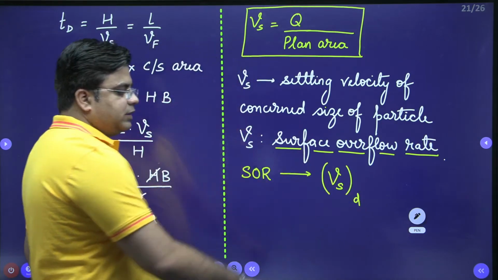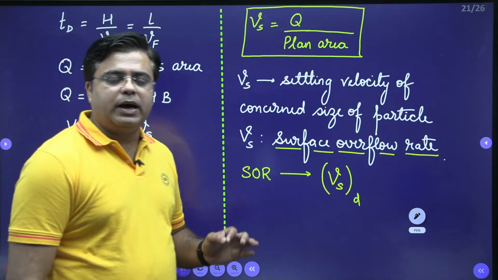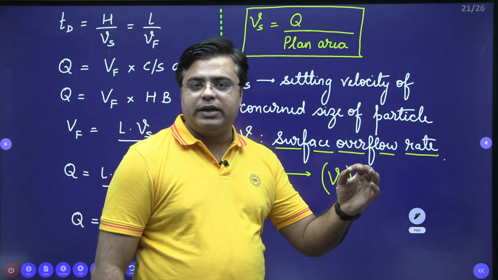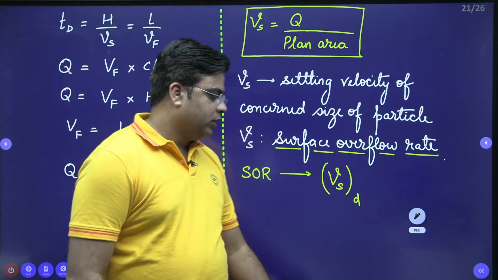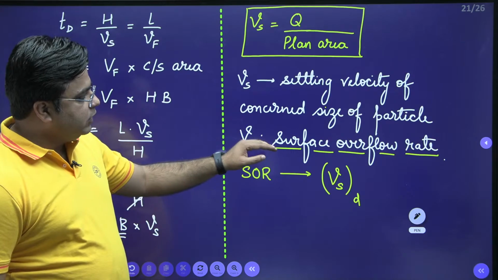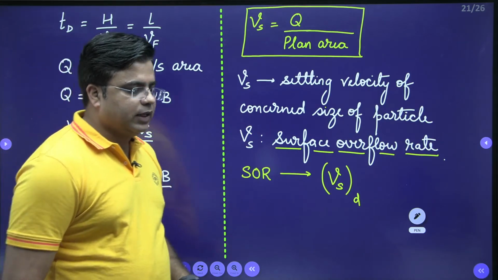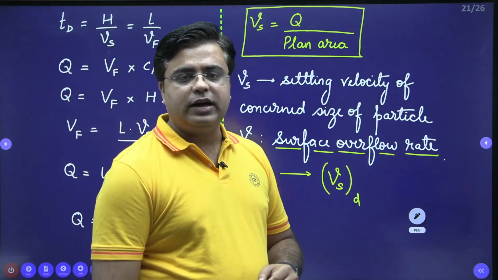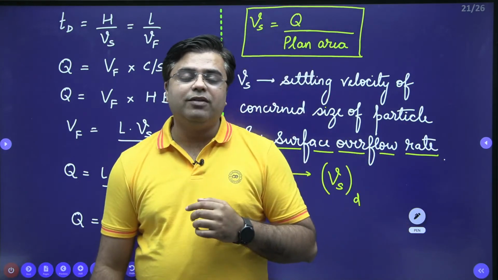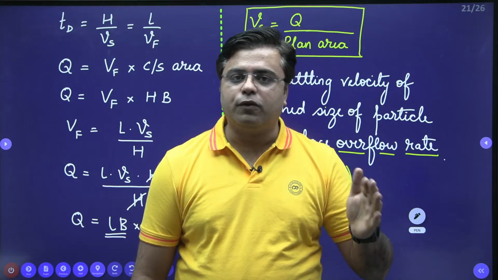And this concerned size D is that size of the particle for which we have designed the sedimentation tank. Okay, I think this is pretty much clear to you because in many questions directly it will be mentioned as surface overflow rate.